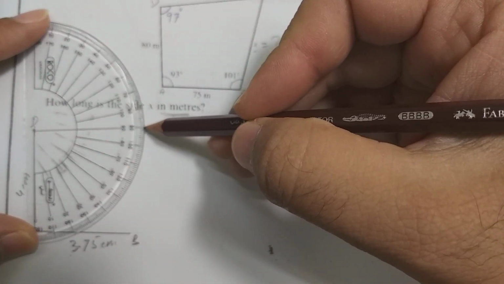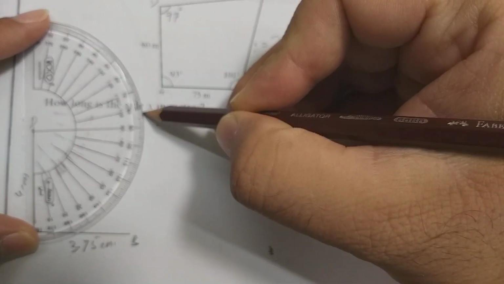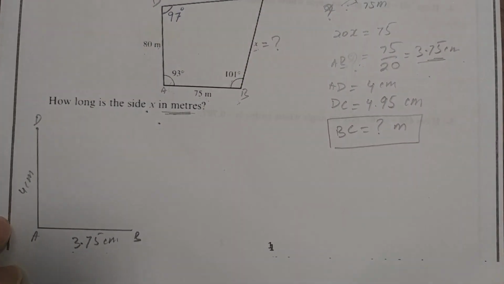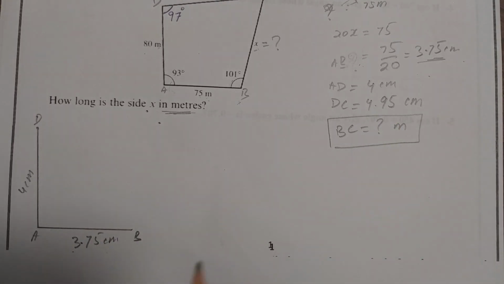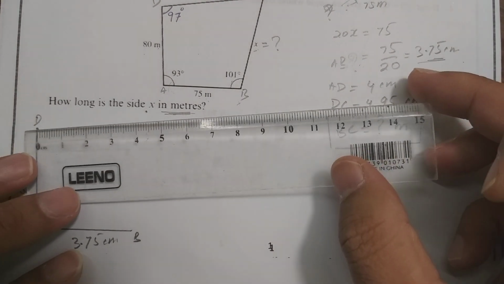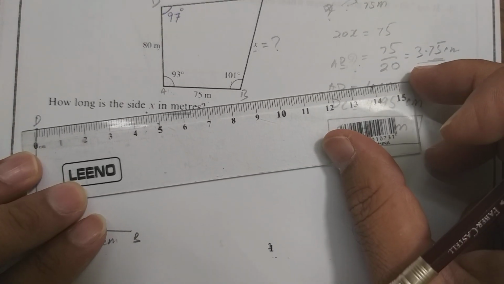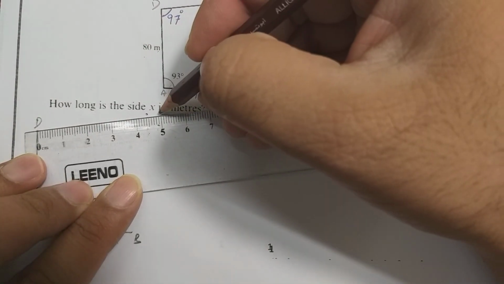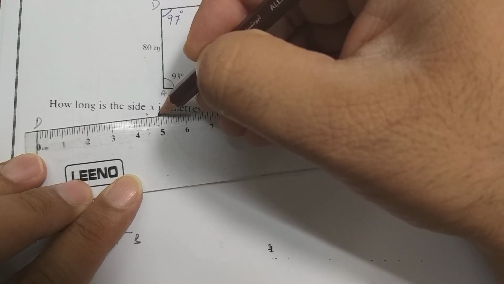This is 95, 1, 2, 3, this is 97. So how long would it be? 4.95, approximately 5, because this is 4.9 and this is 95.